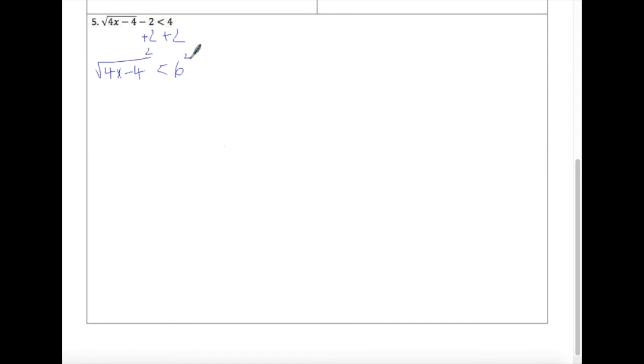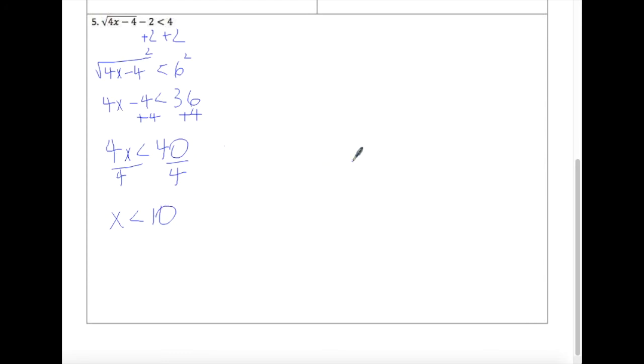And we can square both sides to get 4x minus 4 is less than 36. Add 4. And we get 4x is less than 40, which means that x is less than 10.